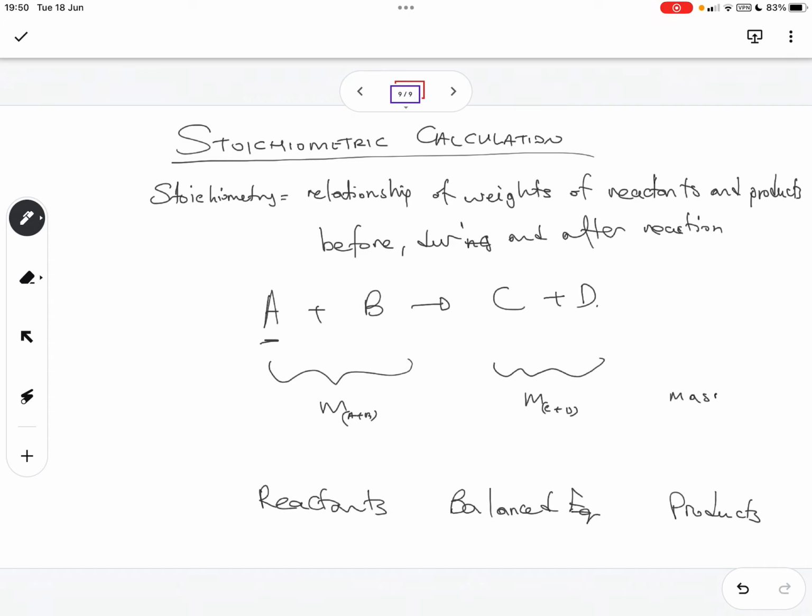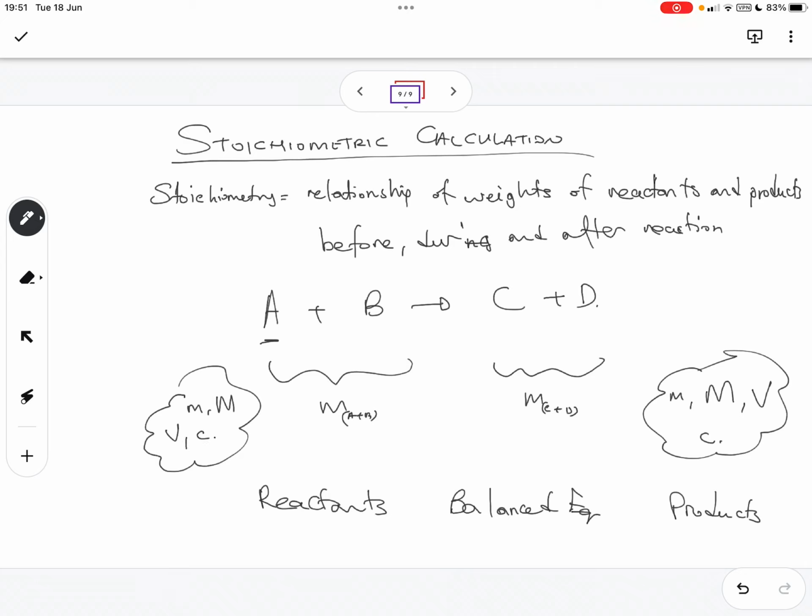In either case, we look at mass, molar mass, volume, and concentration, and on this side, we also look at the same. And then we also need to balance out the number of moles in either case.